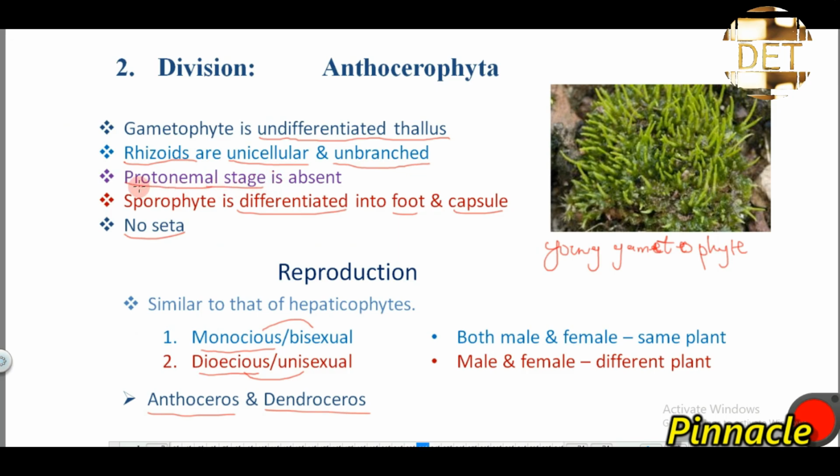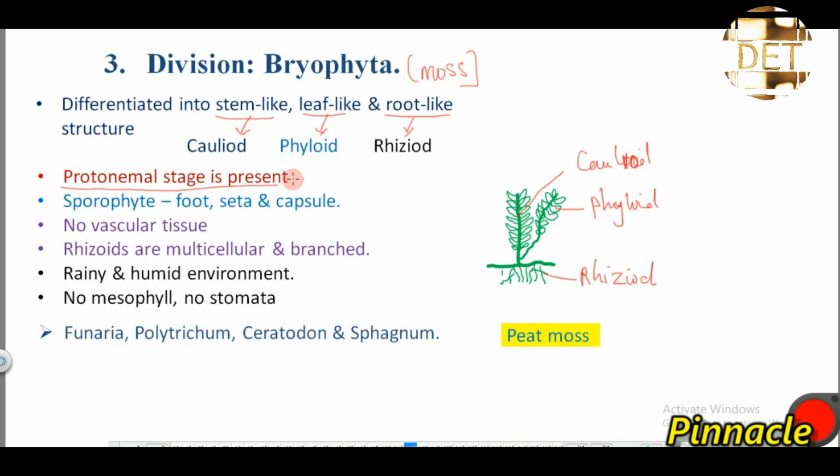In Anthocerotophytes, the protonema stage is absent. In bryophytes, it is present. Like I said, the protonema stage is the juvenile, the young gametophyte plant.